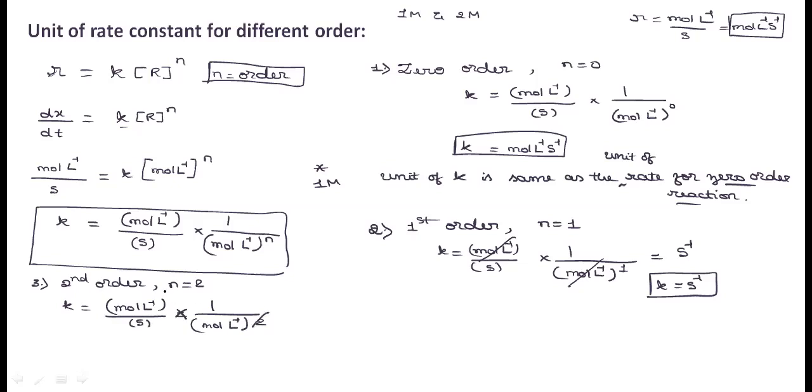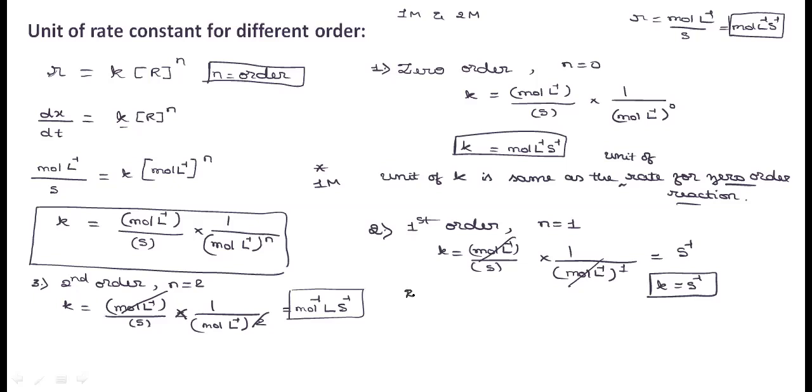So 1 power term and this will be cancelled. Now mole in the numerator will become mole inverse. Liter inverse in the numerator will become liter. Second in the numerator will become second inverse. Mole inverse, liter, second inverse will be the unit for K for a second order reaction.